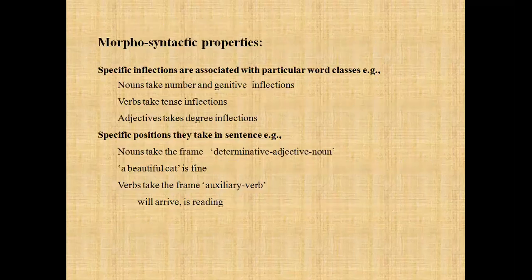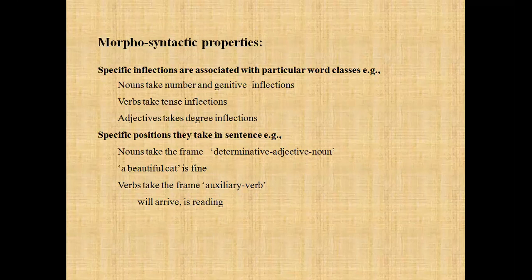In the case of morphosyntactic properties, it is said that this is the most suitable type of word class to define a word. In this category, we focus on the function of words in context, according to the context of the sentence.